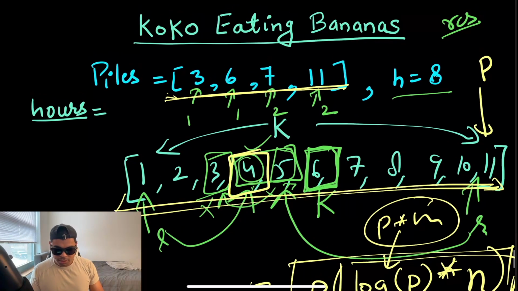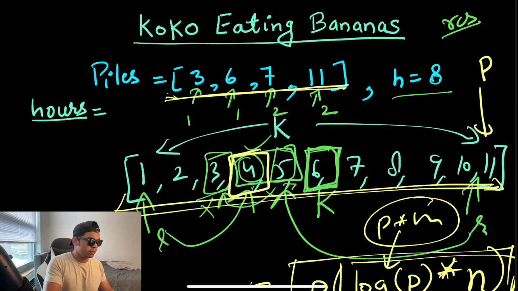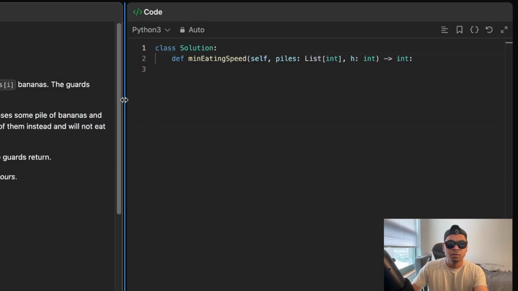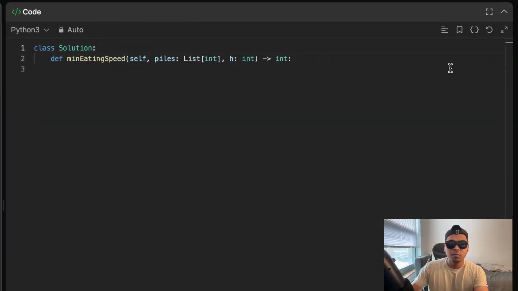Okay, so let's go to the coding part and implement this solution. So what are we going to do right now? Let's find out our range, left and right pointers.